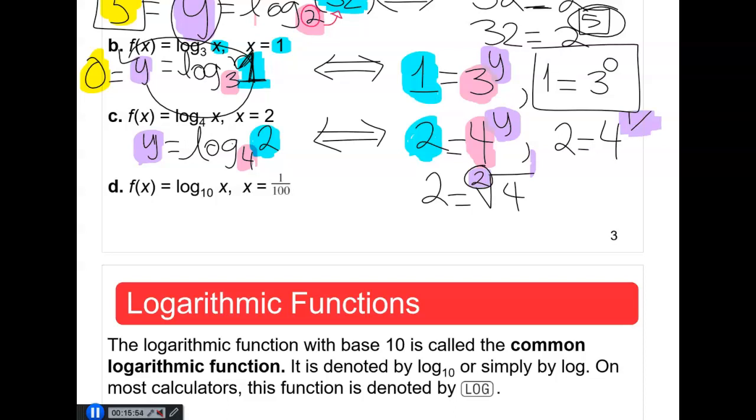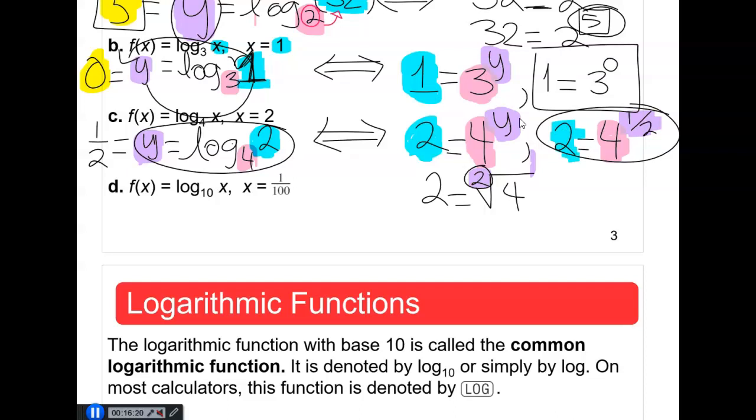So a half for an exponent represents the square root. And so the evaluation of this logarithmic expression will be 1/2. Why? Because that will have to be the exponent that we raise the base 4 to, to get a 2.